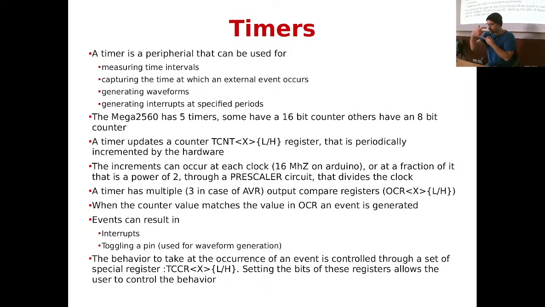And you have 3 output compares attached to each timer, and each time the timer changes the value, implicitly the device compares the value of the counter with the value that you have written on an output compare. If this value is equal and you configured it appropriately, the timer might generate an event.